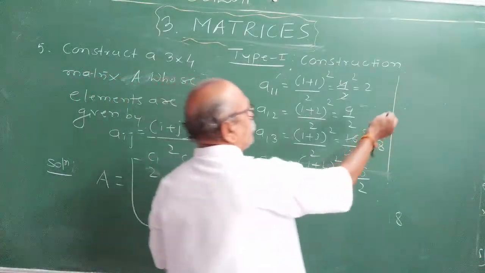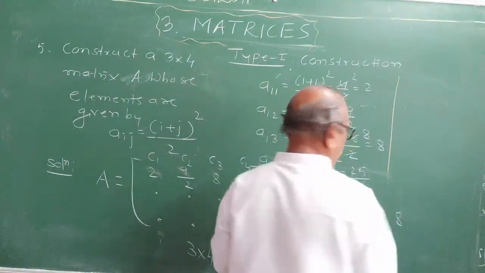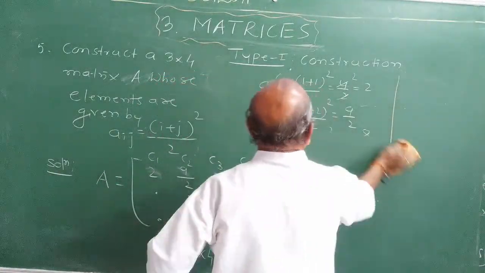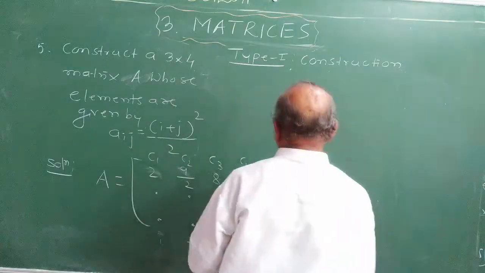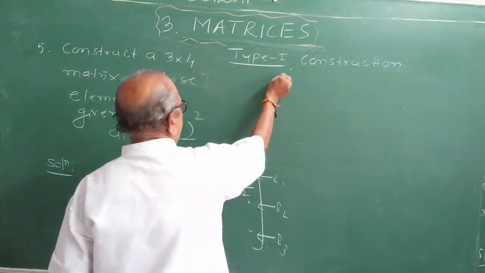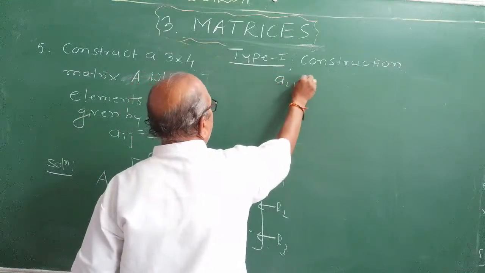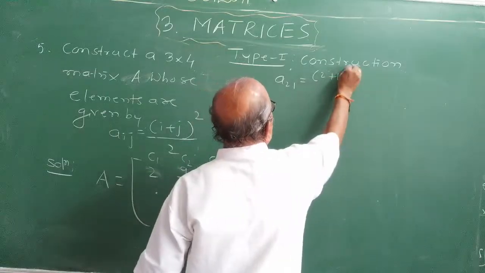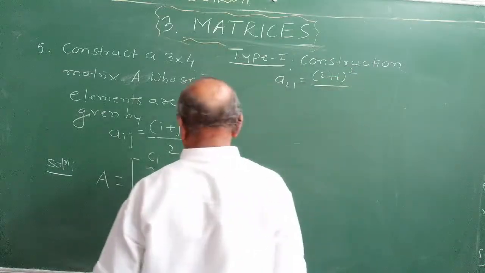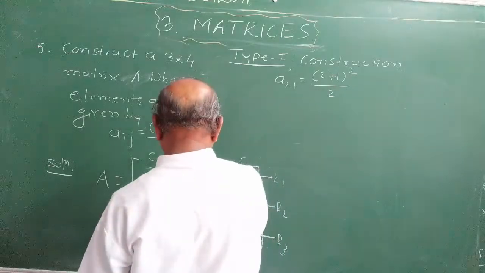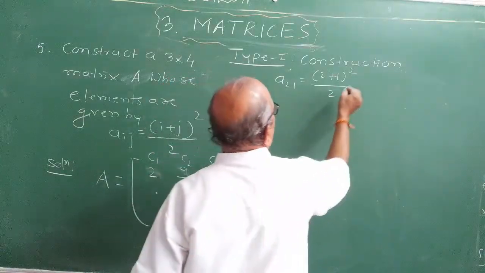You finish the first row. Now you can continue with the second row. We already prepared it. Now let us move on to the second row elements. Second row elements are given by A21. What is A21? (2 plus 1) square upon 2, second row, first column.